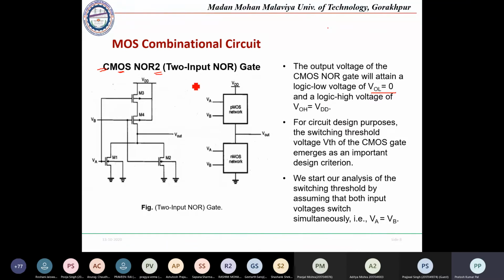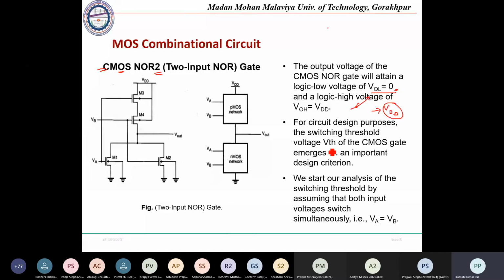But in CMOS implementation, we get VOL equal to 0. This is the advantage. The voltage swing in this case will be VDD minus 0, that is VDD, the highest swing that we can get using CMOS implementation.